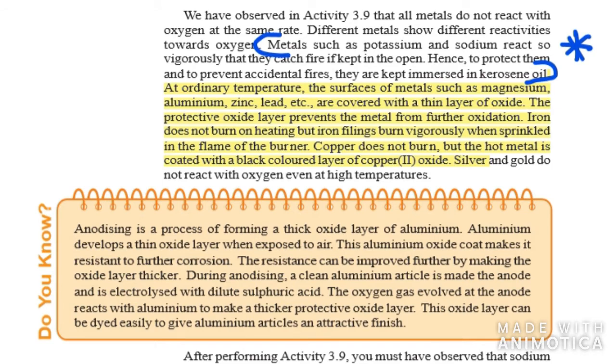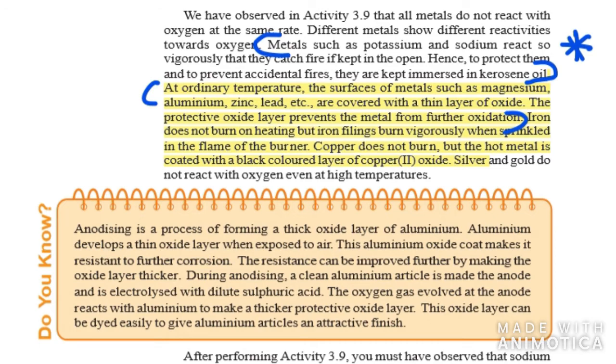Now, at ordinary temperature, the surfaces of metals such as magnesium, aluminium, zinc and lead are covered with a thin layer of oxide. This protective oxide layer prevents the metal from further oxidation. This is very important. They ask questions related to this, like why we use aluminium for utensils.